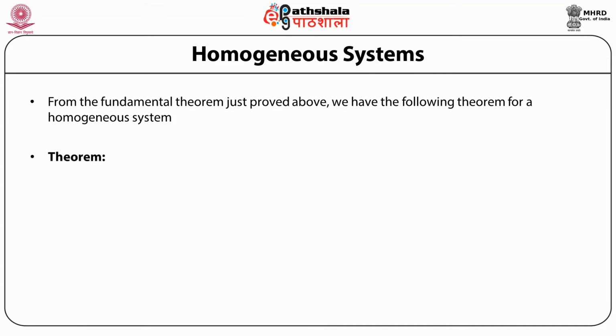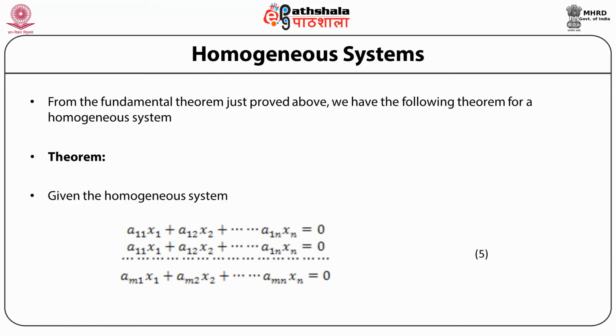The theorem says, given the homogeneous system a11x1 plus a12x2 plus so on till a1n xn is equal to 0, and so on till am1x1 plus am2x2 plus so on till amn xn is equal to 0.